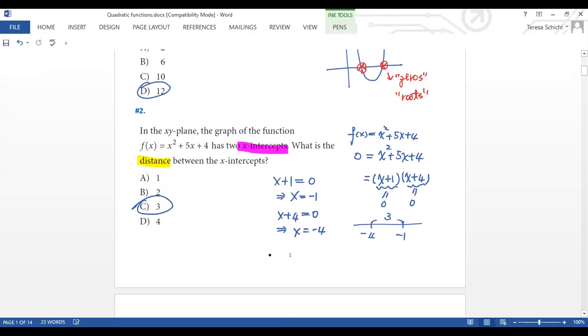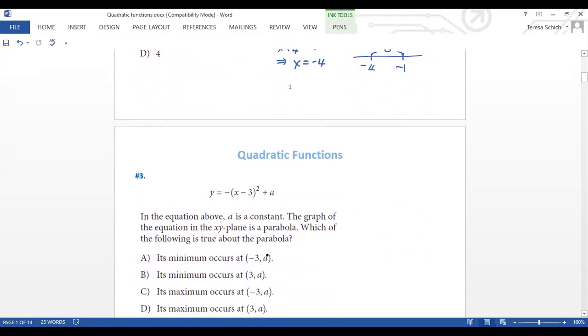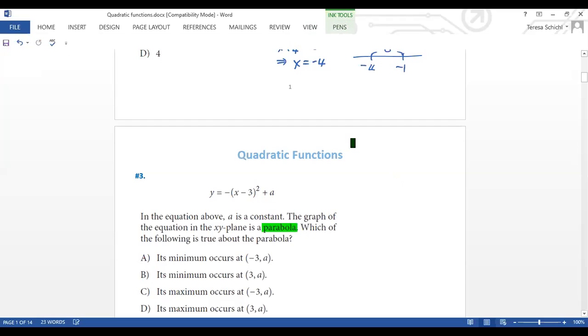Okay, now the next one. y equal to negative x minus 3 squared plus a. In the equation above, a is a constant. They tell you the graph is a parabola. So which is true about it?